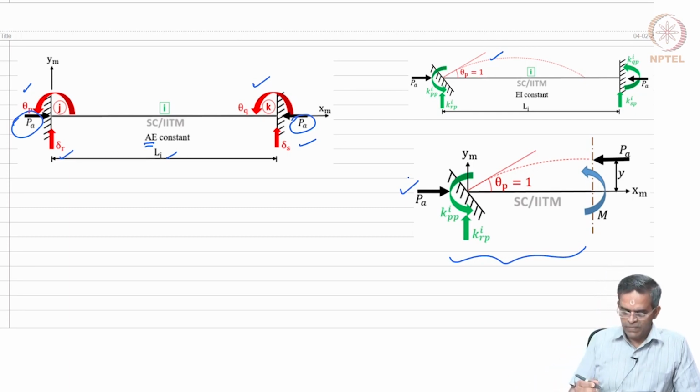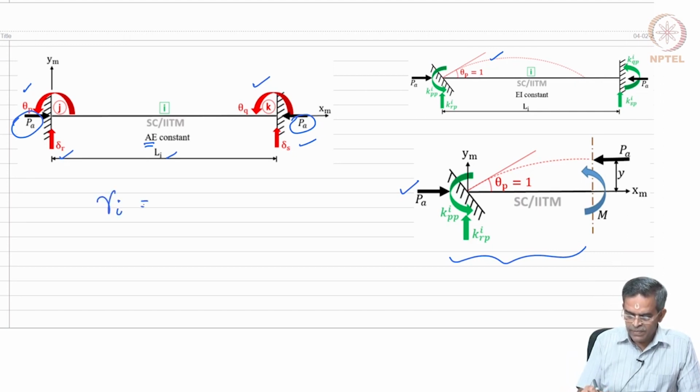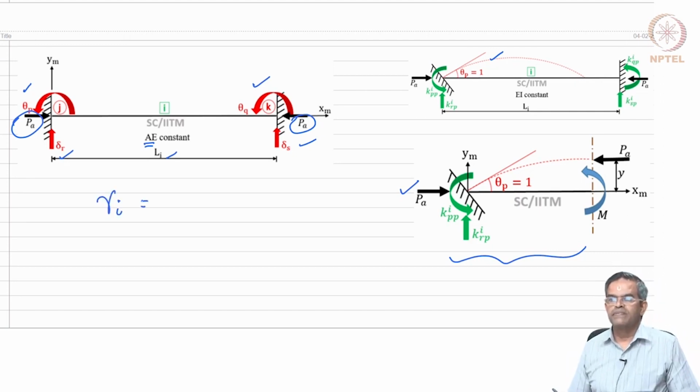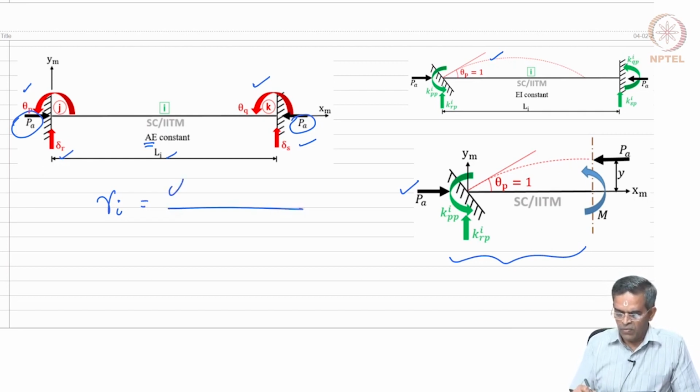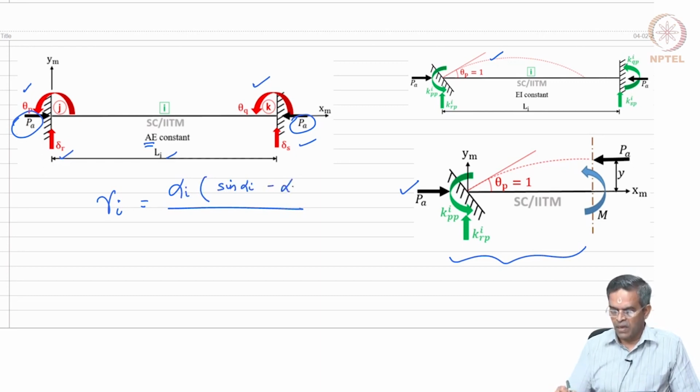We said Ri is alpha i times sin alpha i minus alpha i cos alpha i, by 2 times 1 minus cos alpha i minus alpha i sin alpha i.